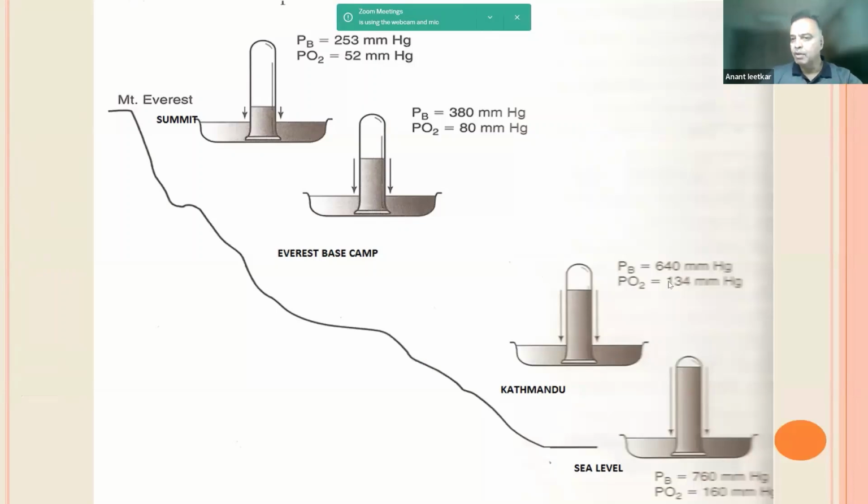If we go to Kathmandu, barometric pressure will drop to 640 mmHg and PO2 will drop to 134, that is 21% of barometric pressure. And as we go higher up, at the Everest summit, barometric pressure may be 253, but the proportionate PO2 will be 52 mmHg, that is 21%.